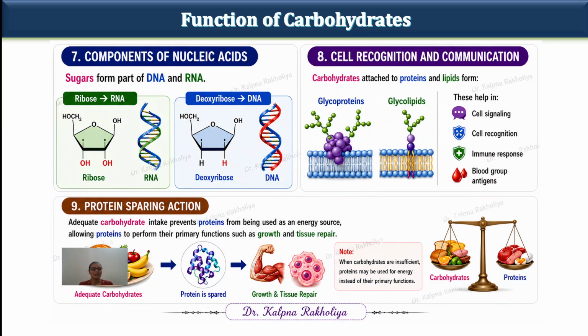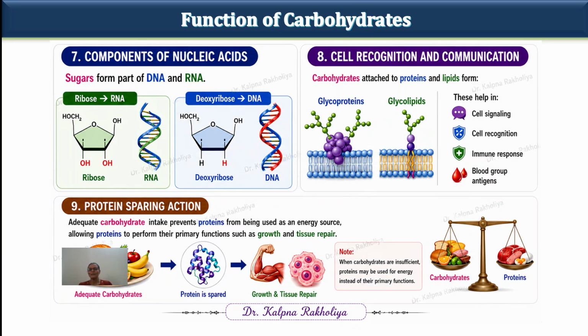Another main function is protein sparing action. Adequate carbohydrate intake prevents protein from being used as an energy source, allowing protein to perform its primary functions such as growth and tissue repair. Let's discuss this protein sparing action in detail. When an adequate amount of carbohydrate is present, protein is not used as an energy source, and protein is involved in our growth as well as tissue repair.